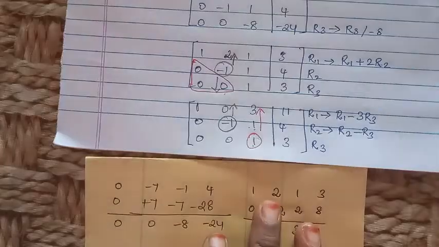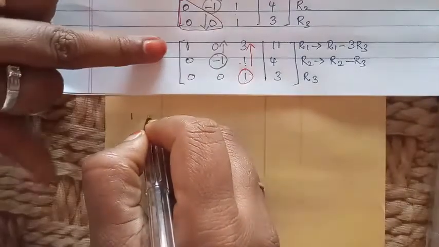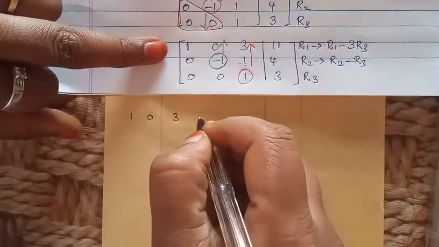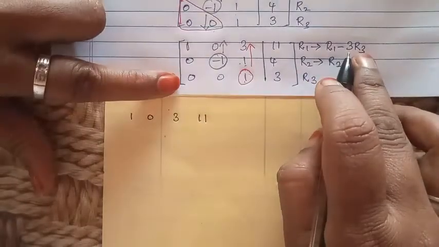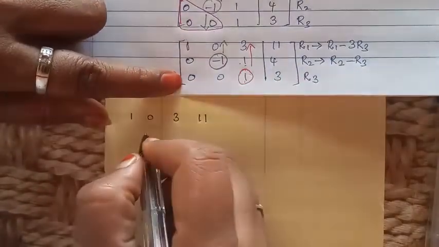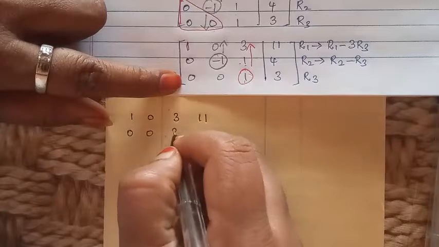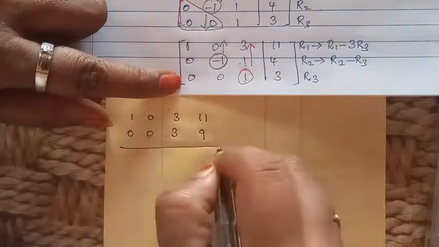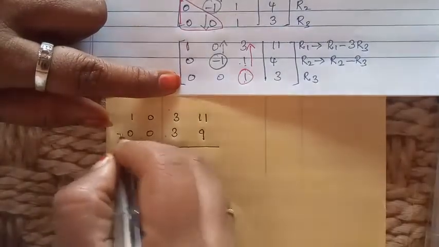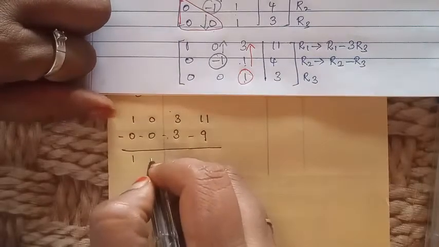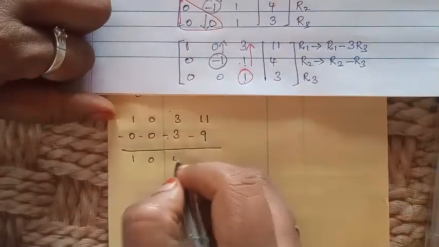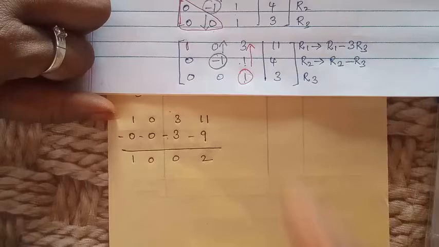Now let us simplify it. 1, 0, 3 and 11. It is 3 times R3. So R3 is this one. When you multiply it by 3, it becomes 0, 0, 3 and 9. The operation is minus, so change the sign. When you simplify it, you will get 1, 0, 0, 2.